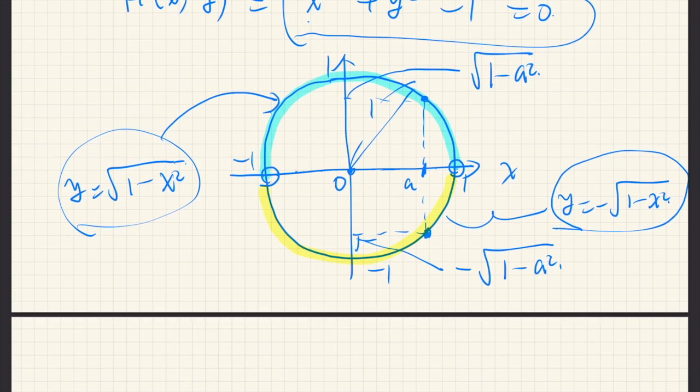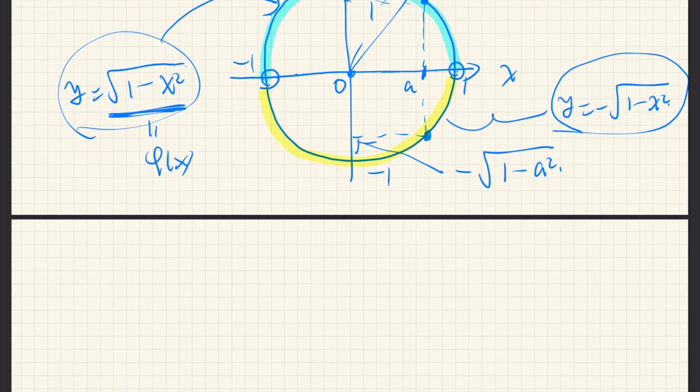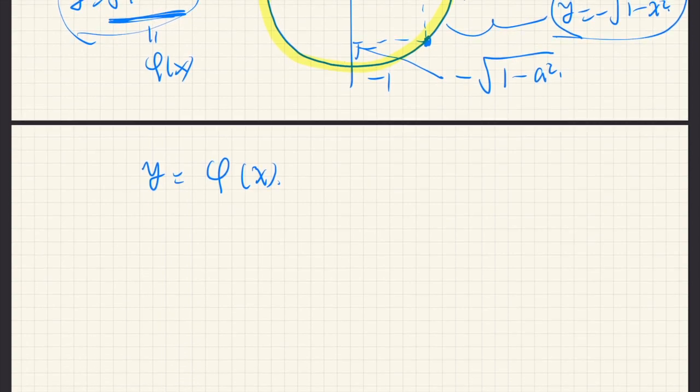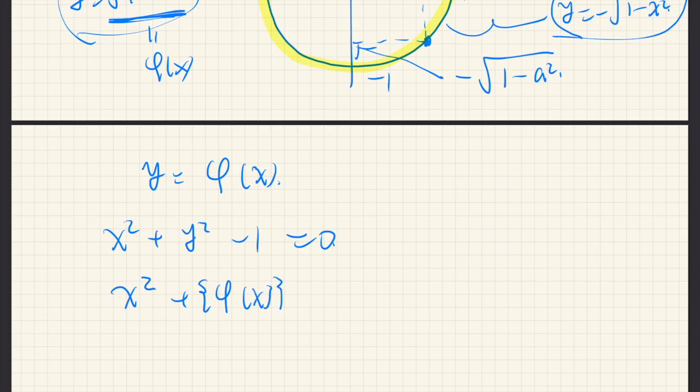If we set this square root of 1 minus x squared as phi of x, let's name it. If we replace y by phi of x, then x squared plus y squared minus 1 equal to 0 can be written as x squared plus phi of x squared minus 1 equal to 0.